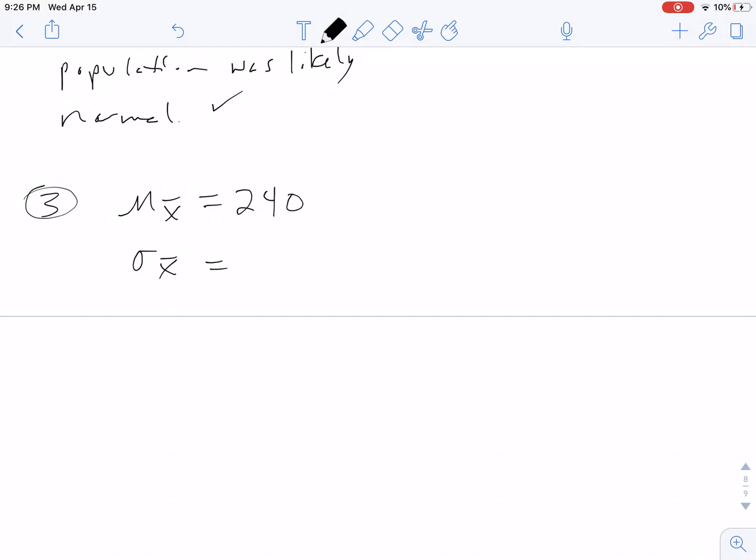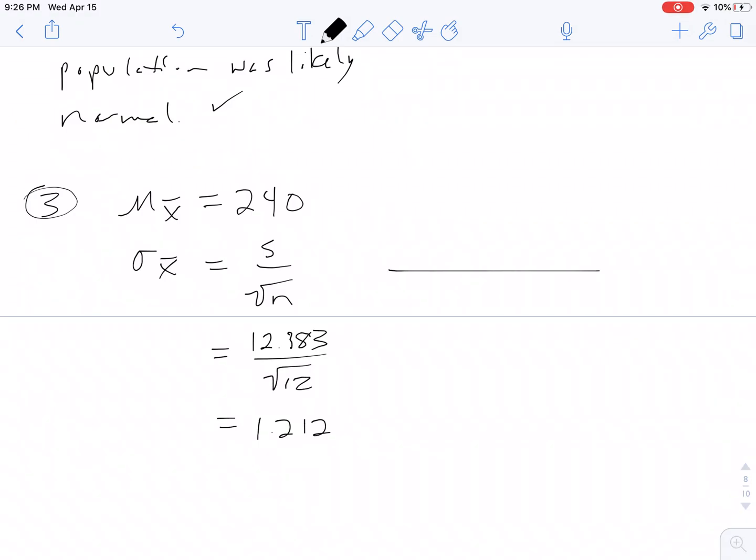The standard error can be approximated using the formula S over root n. So that was 12.383 over the square root of 12, which is about 1.212. So that's my mean and standard error. So I'm going to go ahead and set up this distribution.